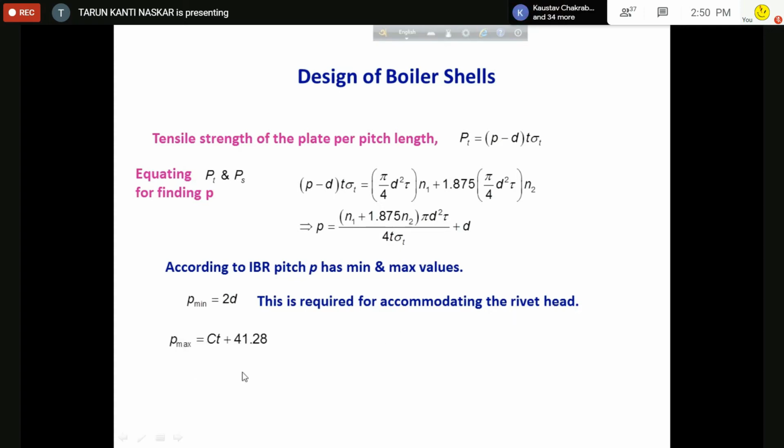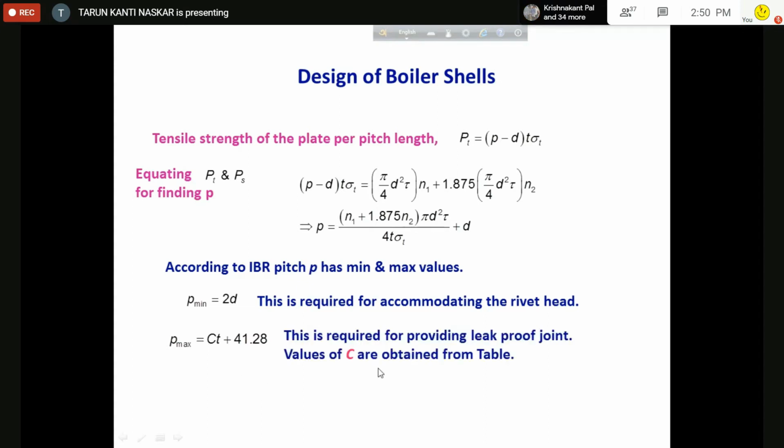And P max is CT plus 41.28. This C we can get from the table, and this is required for providing a leak-proof joint. Values of C are obtained from the IBR recommended table, and from that table we can find the value of C for getting P max.